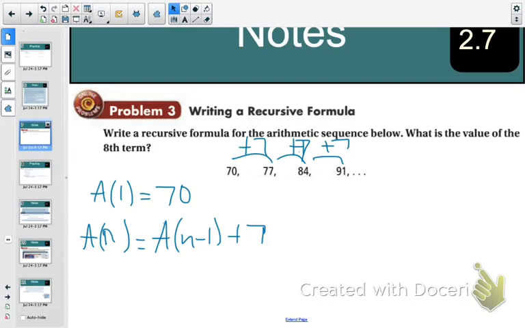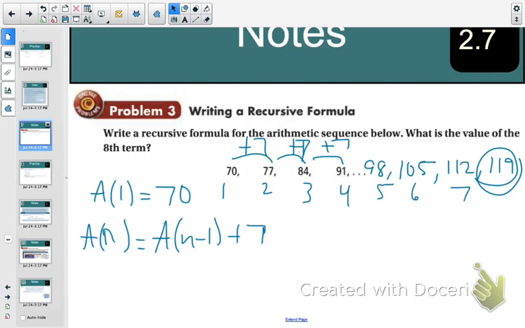If I want to find the 8th term, to do it this way I've got to keep adding 7, so I'd get 98, 105, 112, and then 119. That would be our 8th term: 1, 2, 3, 4, 5, 6, 7, 8. So 119 should be your 8th term.